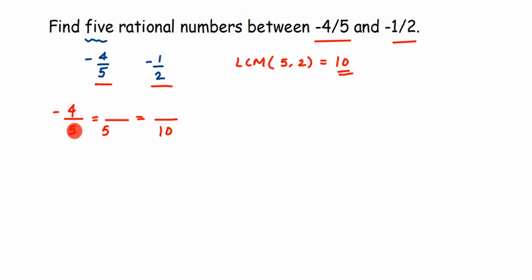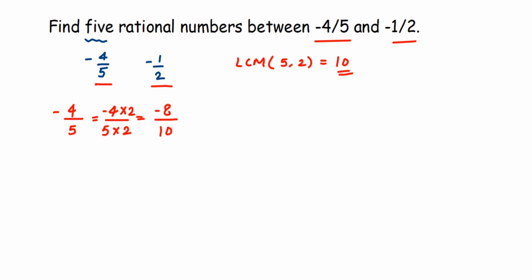But in this case we want 10. So with 5, what should we multiply to get 10? It is 2, right? So we'll multiply 2 in the denominator and the same number in the numerator. Now minus 4 times 2 is minus 8. We get minus 8 tenths.